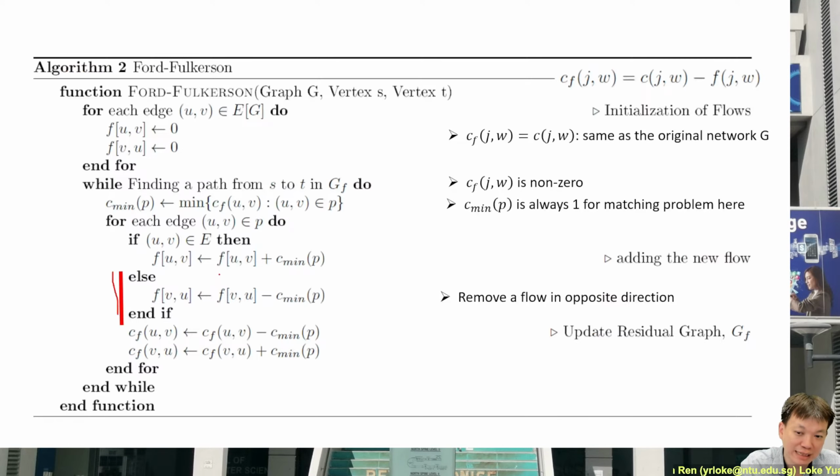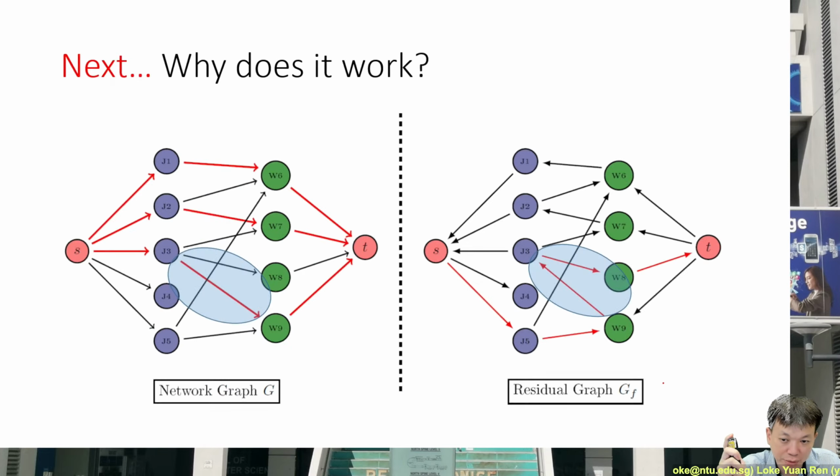If that is the case, then you do minus 1. That's when you will remove that edge. You will remove that particular edge in the opposite direction. So that is how they cancel this particular match. Then you will find that they definitely will introduce another new edge in the other place, which is J3 to W8, which is this one.